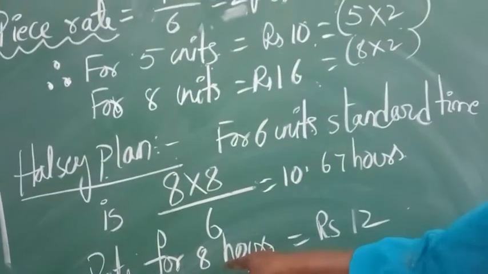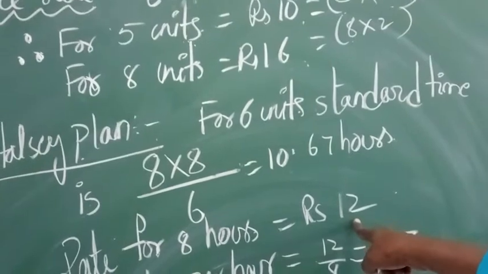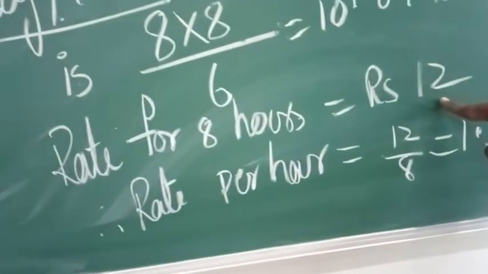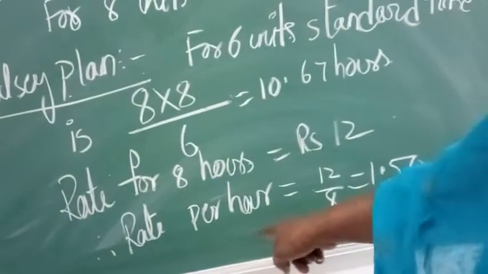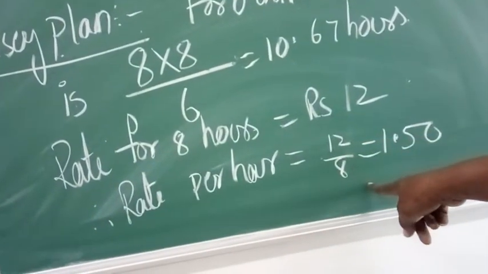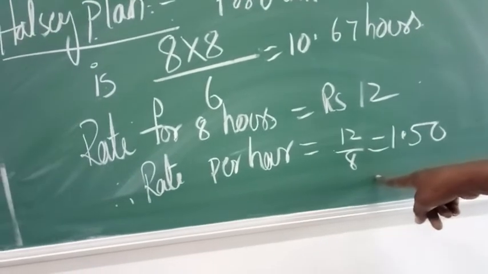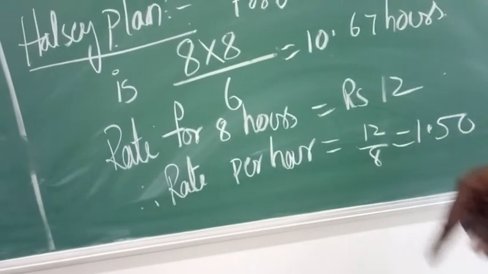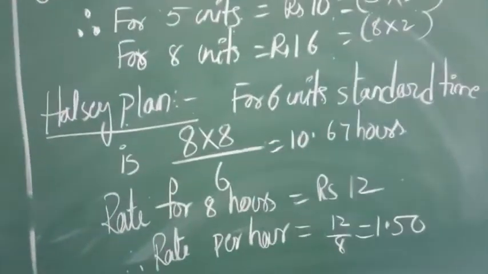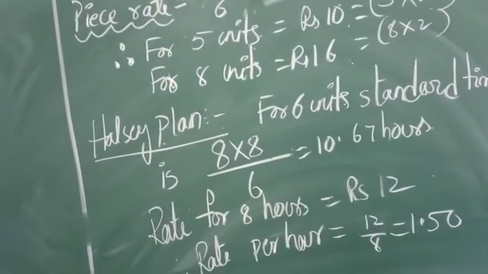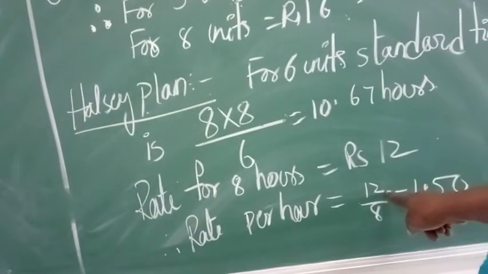Now the rate per 8 hours. For 8 hours, how many rupees is he giving? He is giving 12 rupees for 8 hours. So the rate per hour is 12 divided by 8, which gives 1.50. How did you get 12?